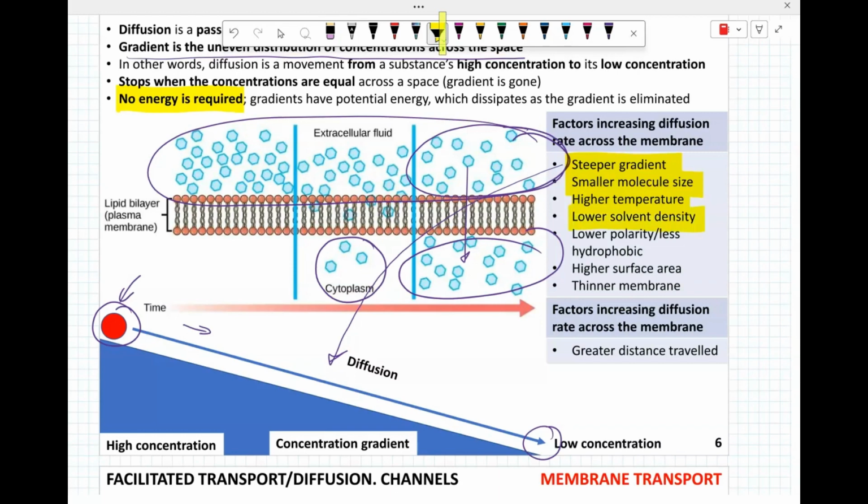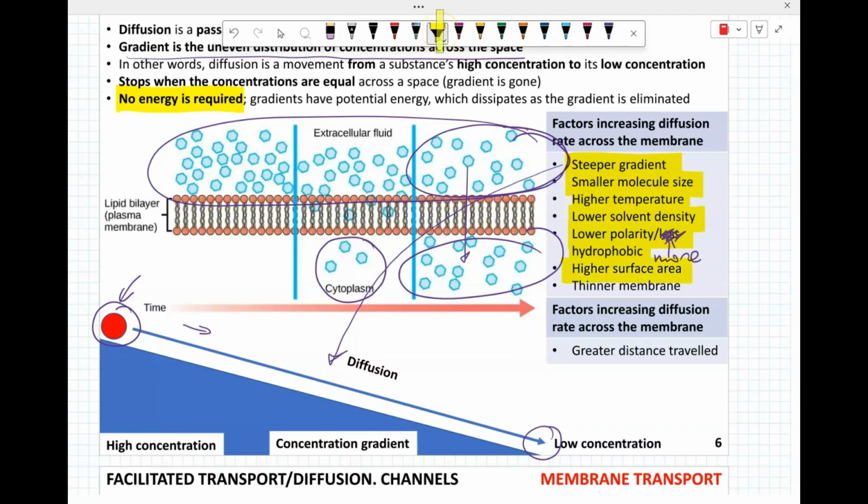Lower density of the solvent that surrounds the membrane, and lower polarity, it should be more hydrophobic. Lower polarity or greater hydrophobicity will increase the diffusion rate.